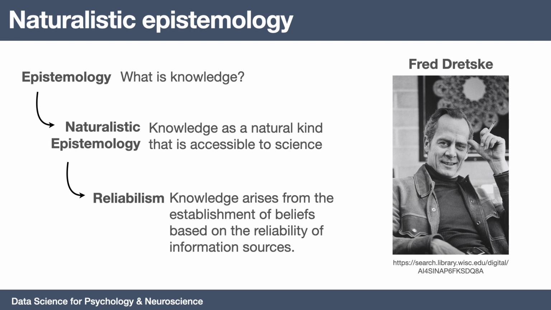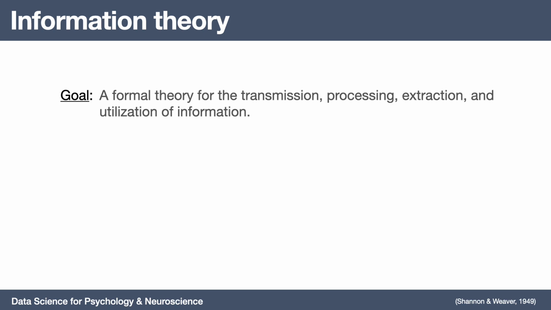Now, to understand Dretske's theory, we have to get a little bit of knowledge on the fundamentals of information theory. Information theory itself is a formal field of mathematics and computer science with the goal of developing a formal theory for the transmission, processing, extraction, and utilization of information.